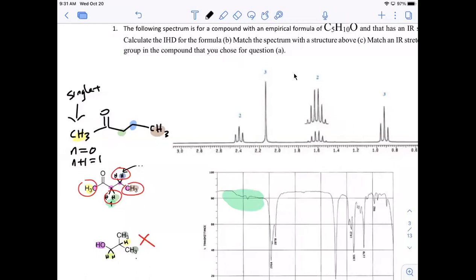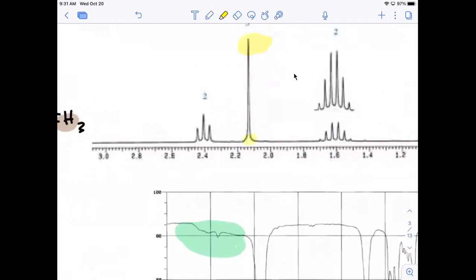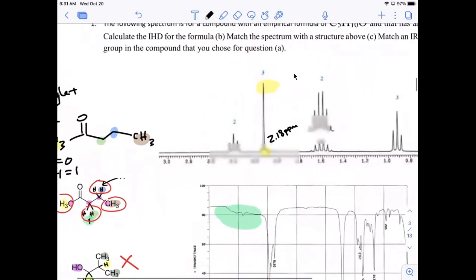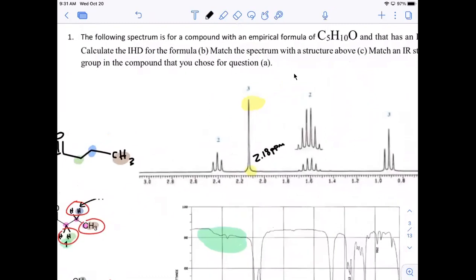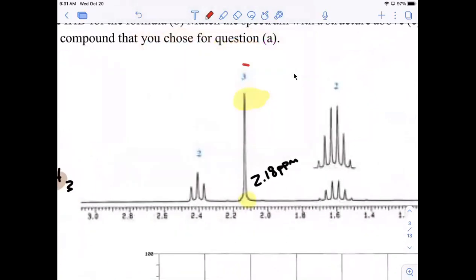So that's why it's showing up at 2.18 right here. So it's about 2.18 parts per million. All right. Questions about that? And if you look here, the little number over top, that's my integration.